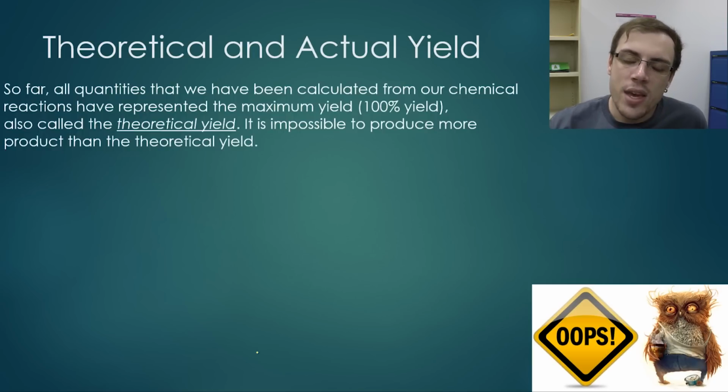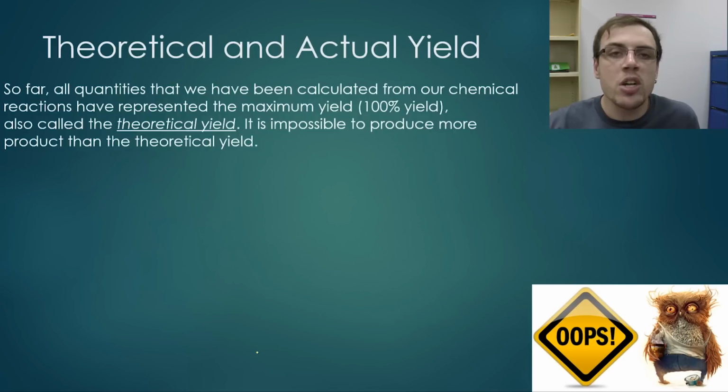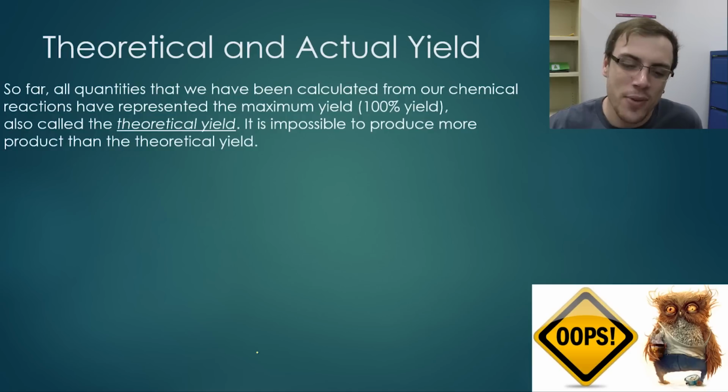Now, theoretical yield is essentially how much product can be formed, assuming that 100% of our reactants are going to react together to form the products. Now, unfortunately, in real life, things are not that simple, and 100% of the atoms in our reactants do not react together, okay?